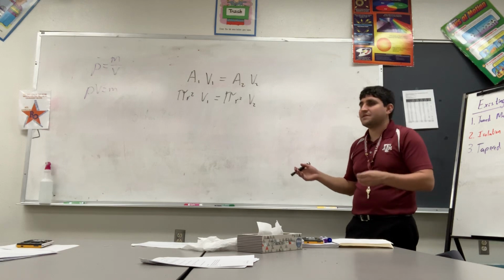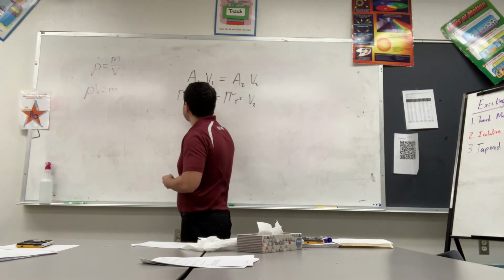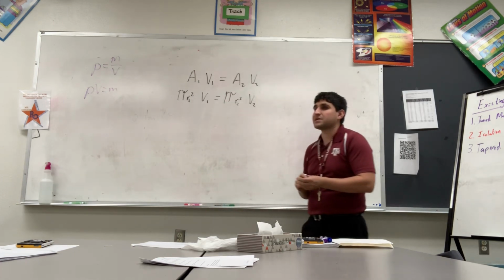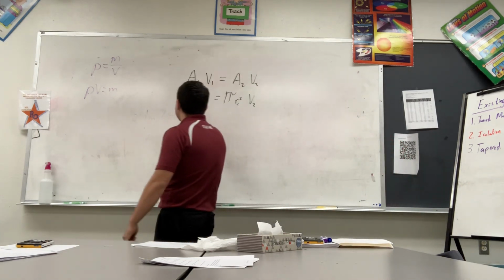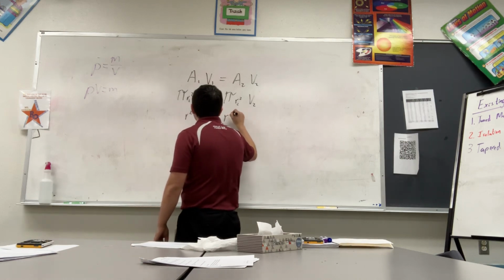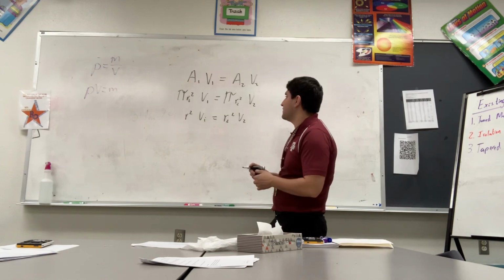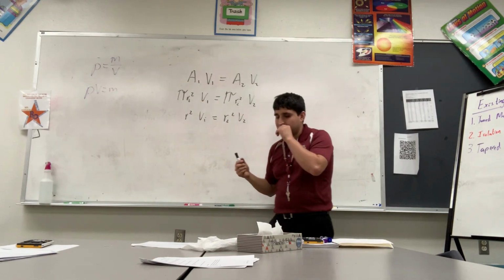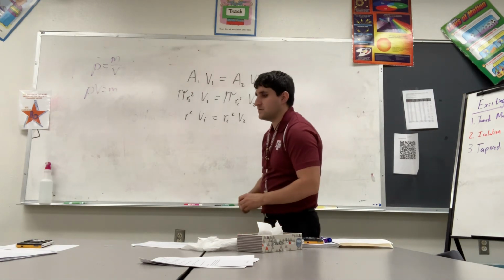I can't cancel the squares, because those r's are actually different. But the pi ultimately doesn't matter. So it just becomes R1 squared V1 equals R2 squared V2, or if you just want to calculate what pi r squared is for the area, that's fine. It's up to you. But go ahead and solve this one.